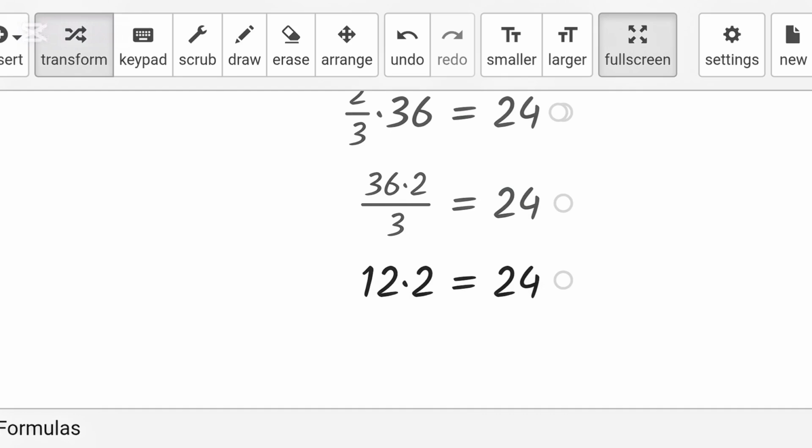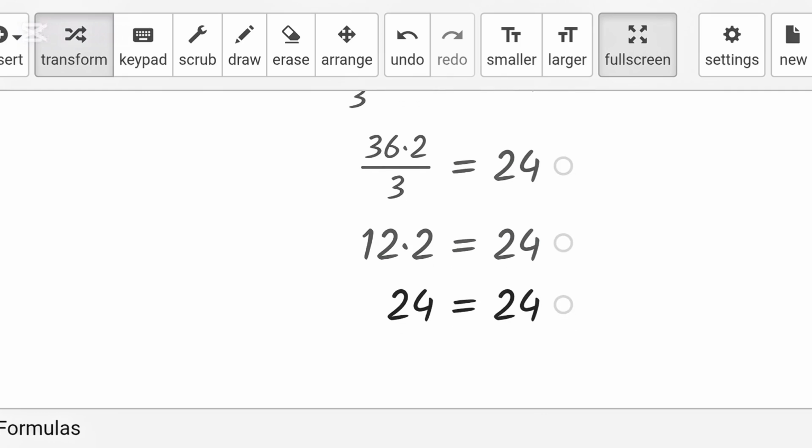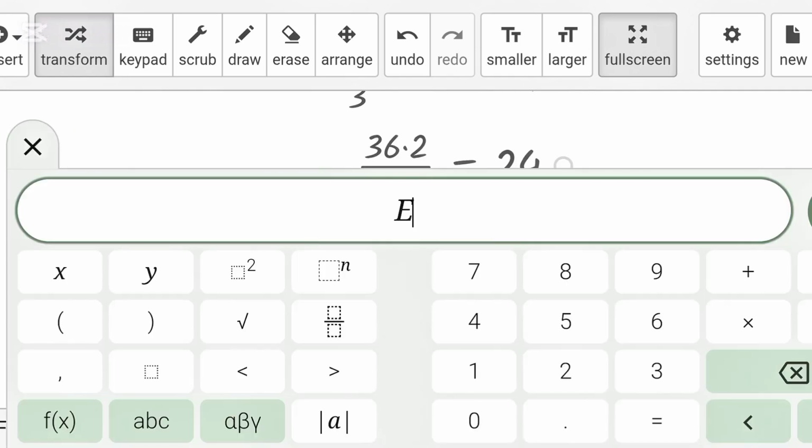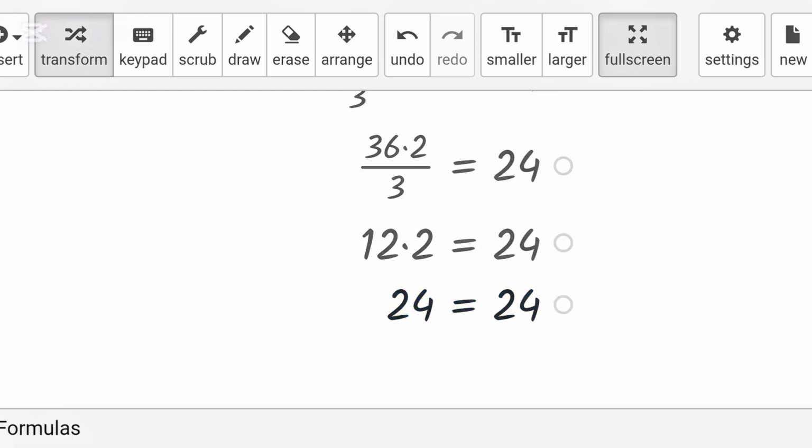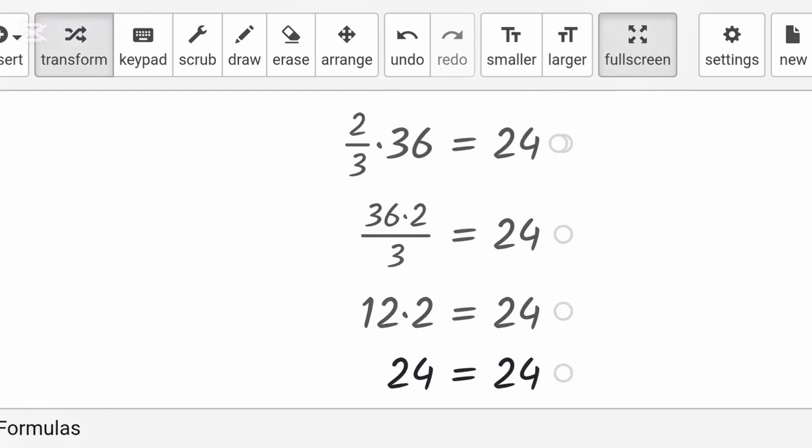And when we do 12 times 2, we should have 24. So you see that the left hand side and the right hand side match. That's why the equal to sign is at the center. When they are equal, that's what it means. The left hand and the right hand side should be the same value. So our solution is correct.